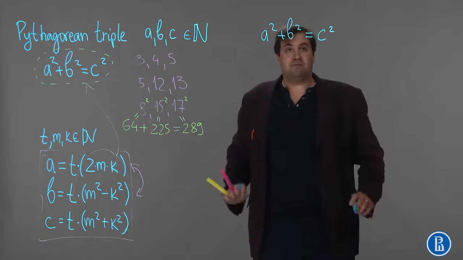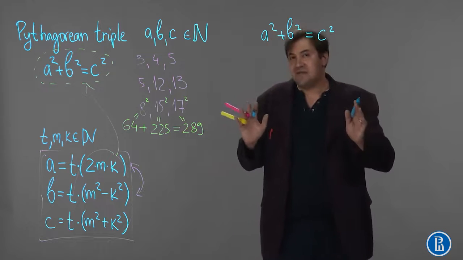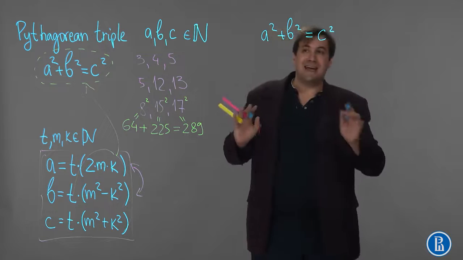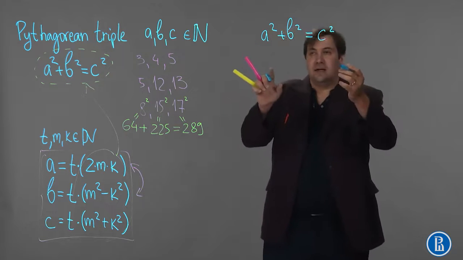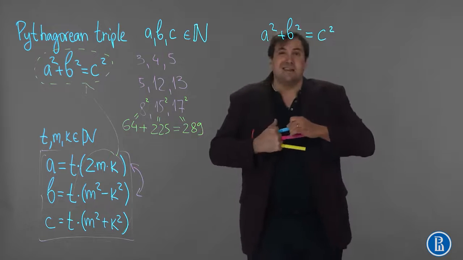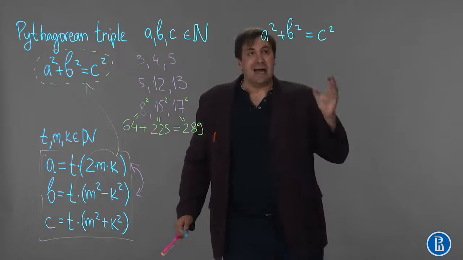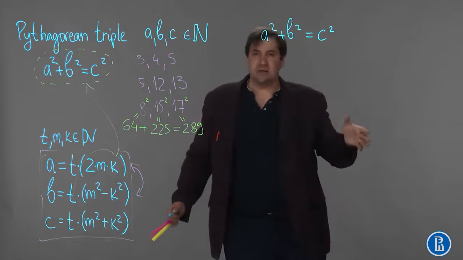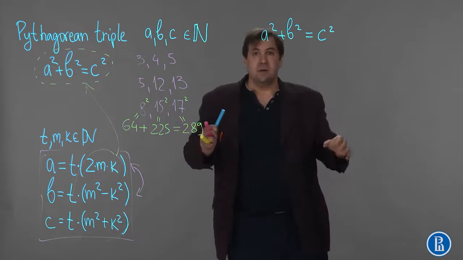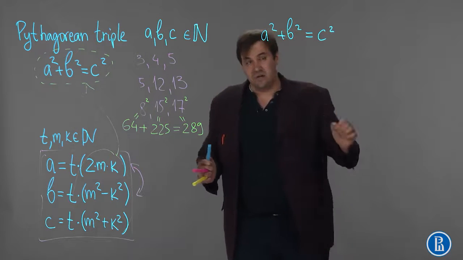Well, first of all, let's reduce this equation if that is possible. I mean, if a and b, or a and c, or b and c have a common divisor, then it's easy to see that all three numbers have the same common divisor, and we can simply reduce this equation by dividing it by the square of this common divisor.